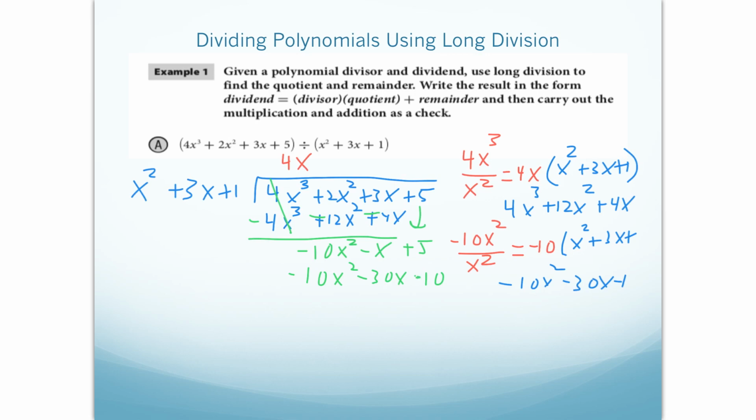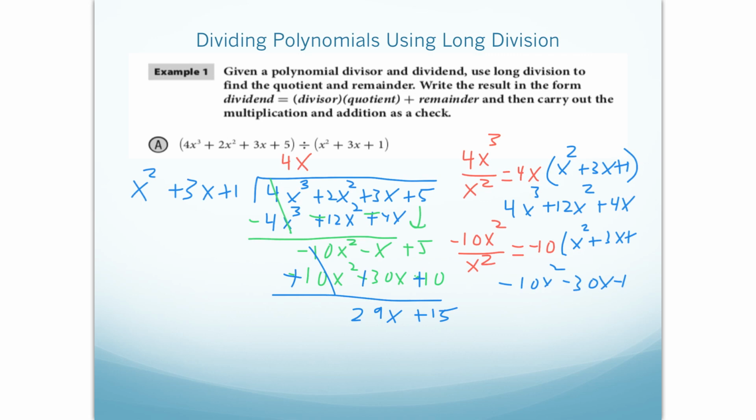And now we have to subtract that. So we're going to subtract, which means we have to change all the signs. And then we combine it. This cancels out. 29x plus 15. So we are done dividing now. We can write our answer.